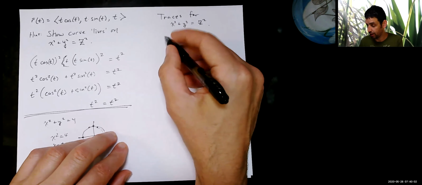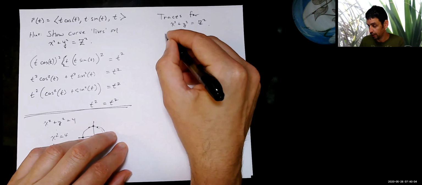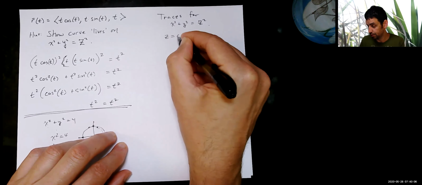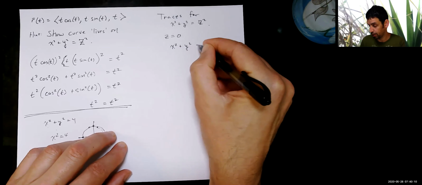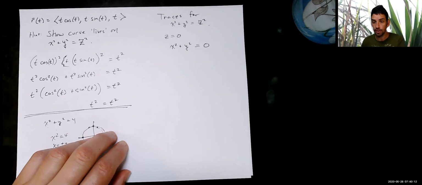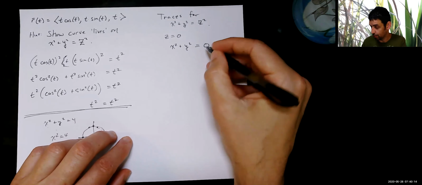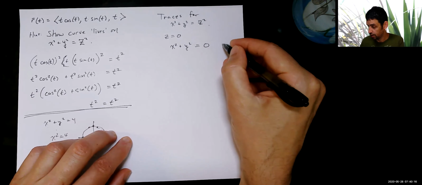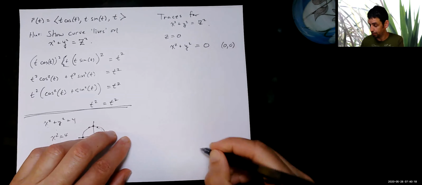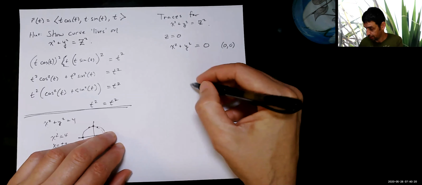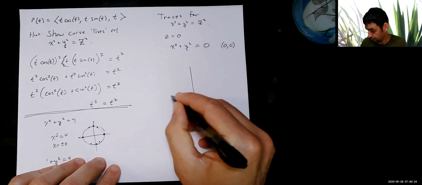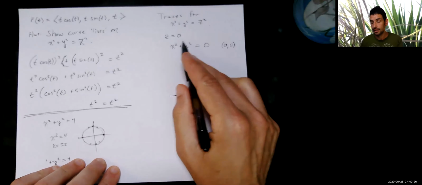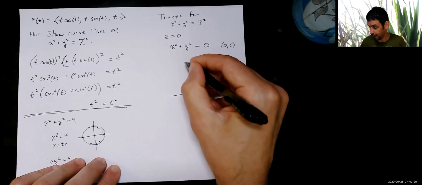So if I take a trace, for instance, for z equals 0, I get the equation x squared plus y squared equals 0. This is going to have exactly one solution, the point 0, 0. What I usually do if I'm doing traces where I'm letting z equal some value, I'll look at x and y.